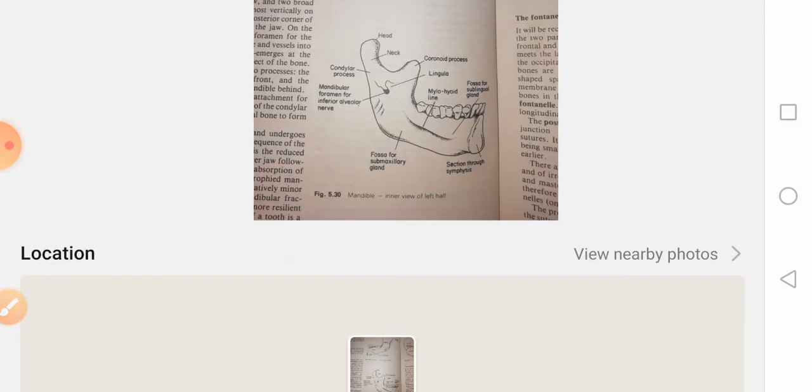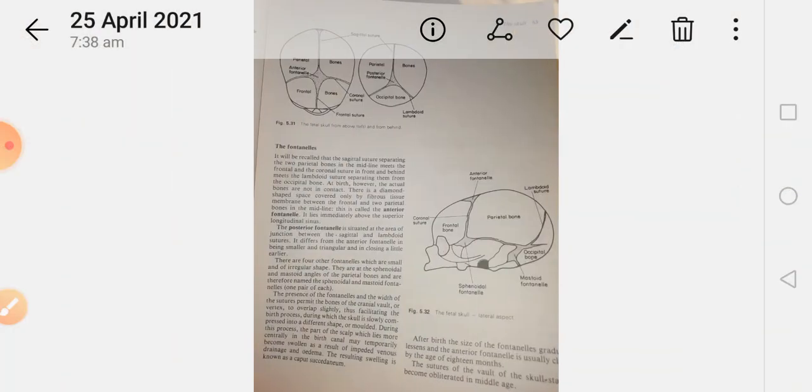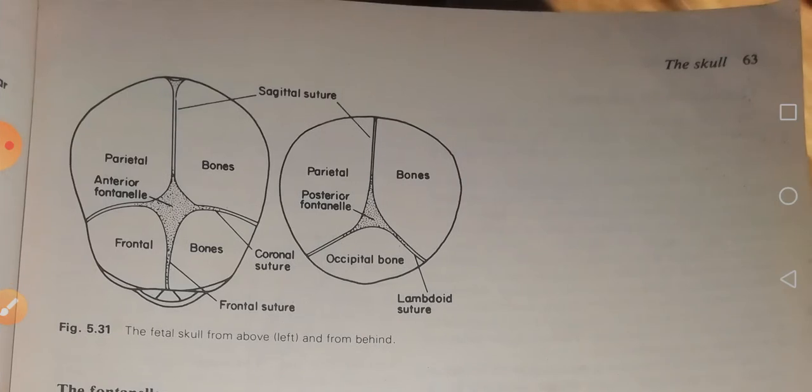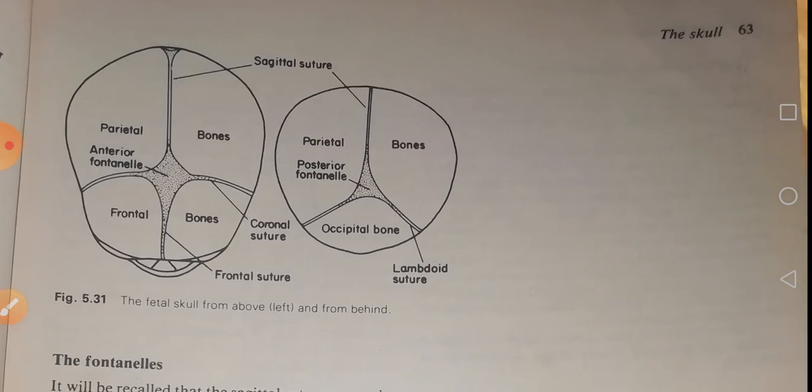Next one is the fetal skull from above. The sutures we can easily identify, the parietal bones, anterior fontanelle.